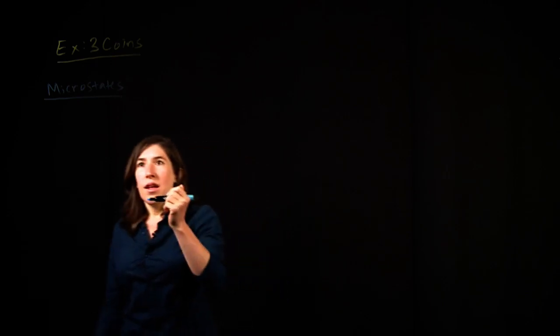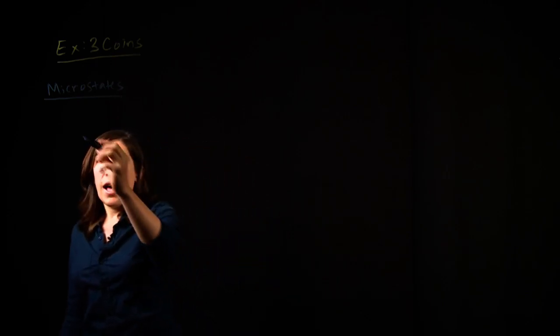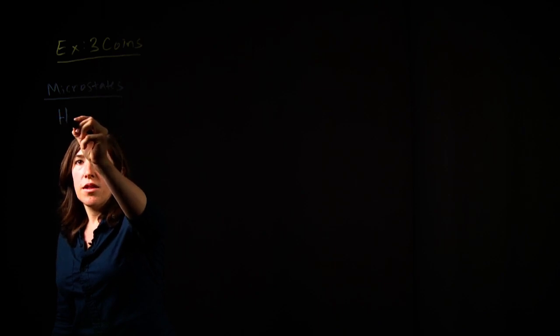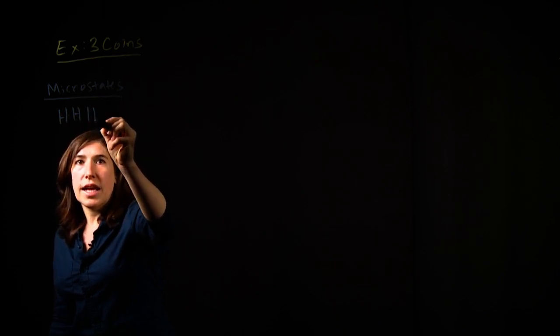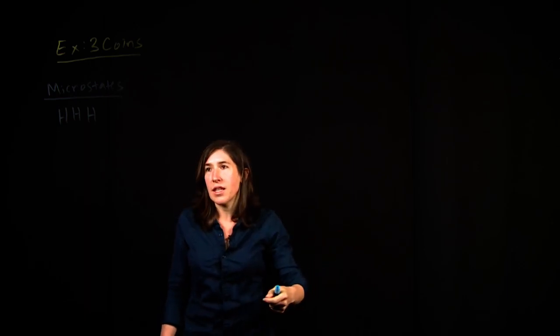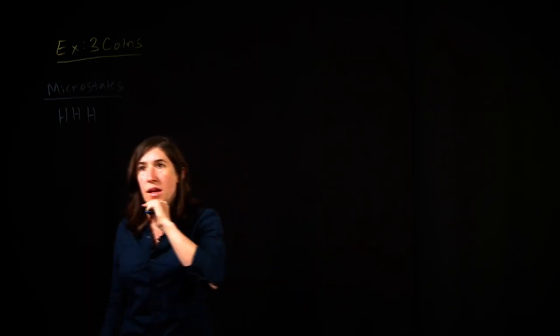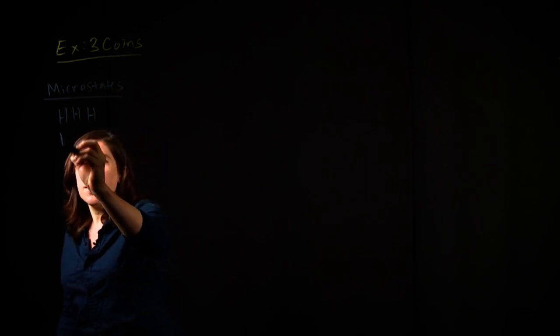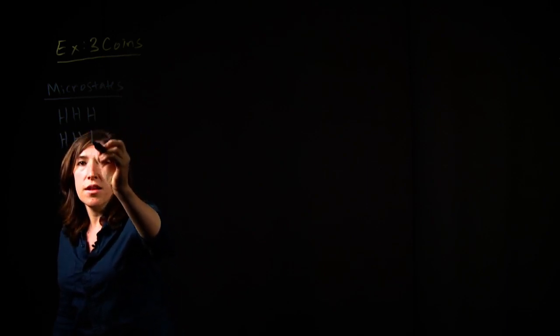So the first one you might have, for instance, would be the 3-head state. So this is the unlikely state where you flip them and every single coin gives you a head. Next, you could of course have 1 tail, so you could have head, head, tail.